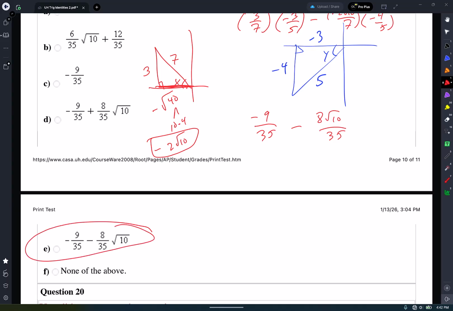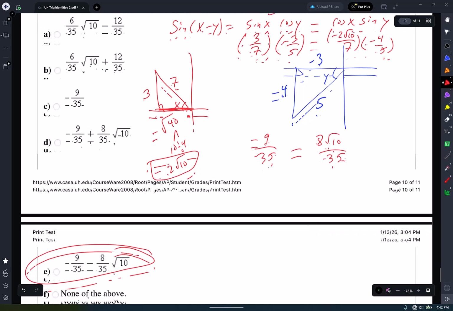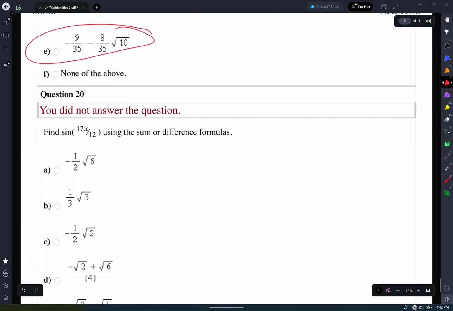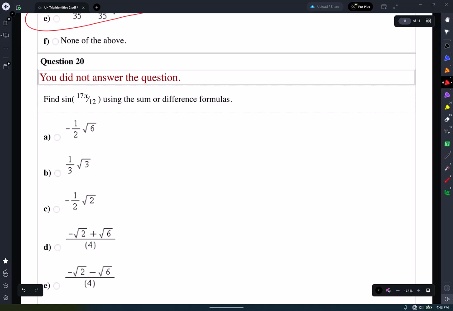Letter E. Whew, last one. Sine of 17 pi over 12. Okay, think of two numbers that when you add them up give you 17 pi over 12.